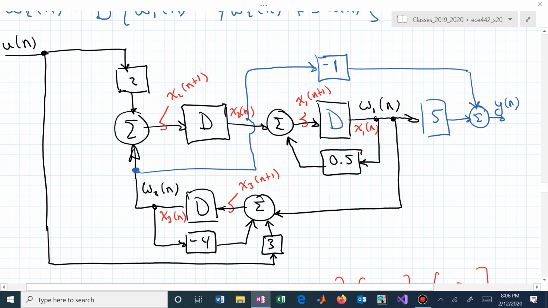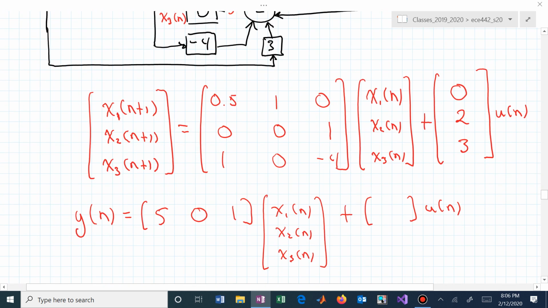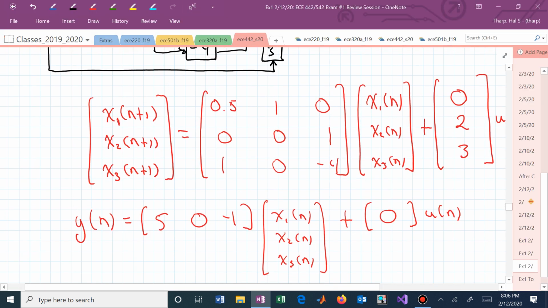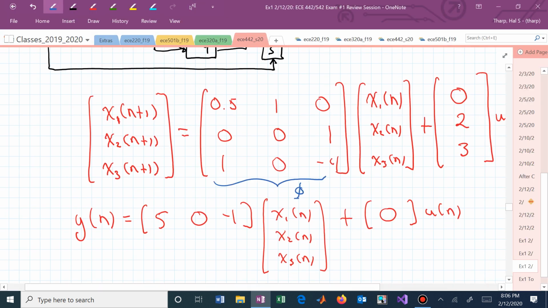Oh, that was a minus x3, and there was no direct feed through from the input. This now gives me my phi matrix, my gamma matrix, my output matrix H, and my direct feed-through matrix J.